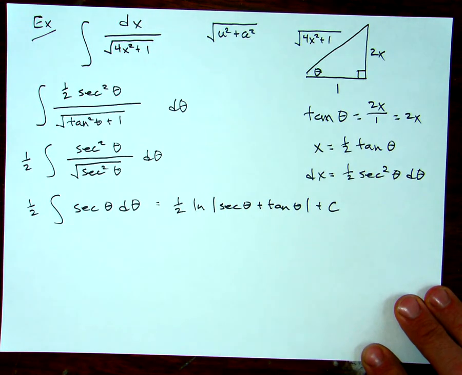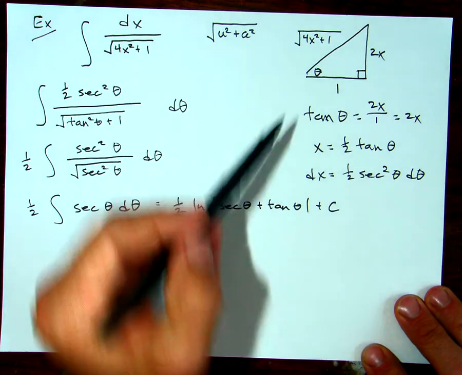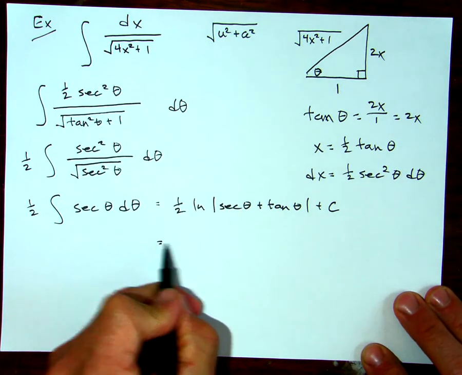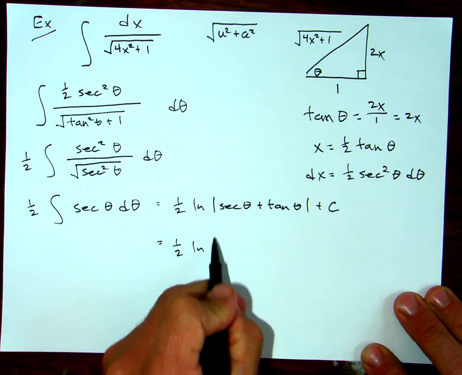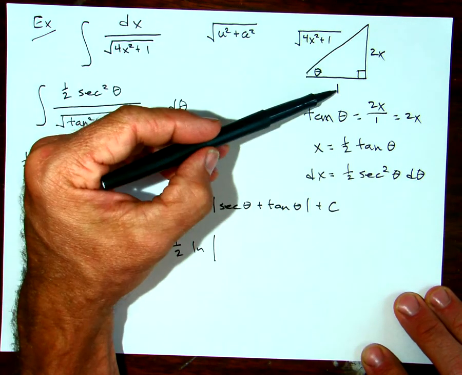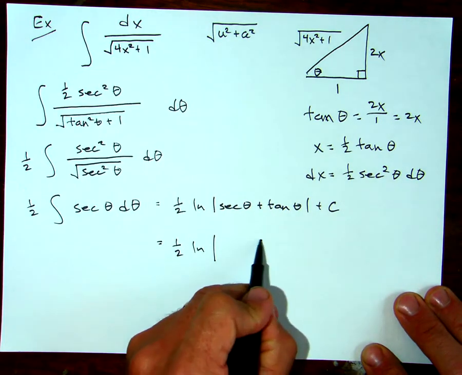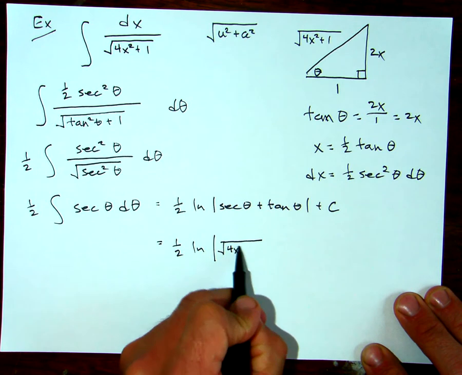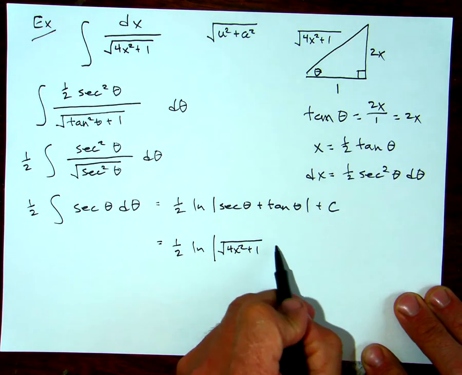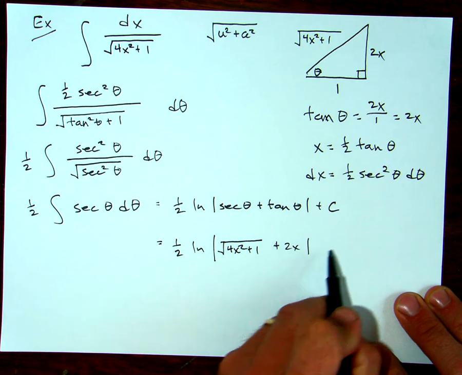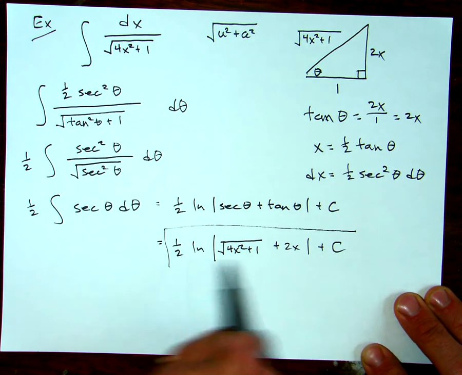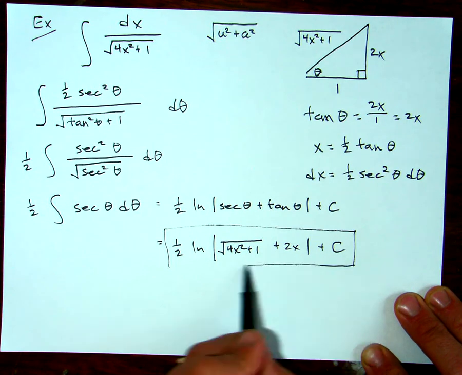All right, well, secant we know is the hypotenuse over the adjacent, so this is going to be equal to this 1/2, and that stays the same, and then secant is hypotenuse over adjacent, or just the square root of 4x squared plus 1. Tangent is opposite over adjacent, or just 2x, plus c. So that's my answer. It's not pretty, but it is the answer.